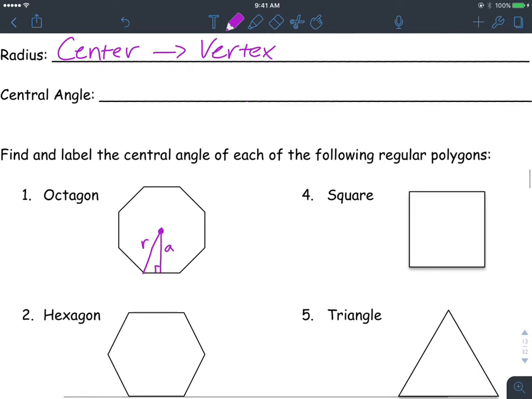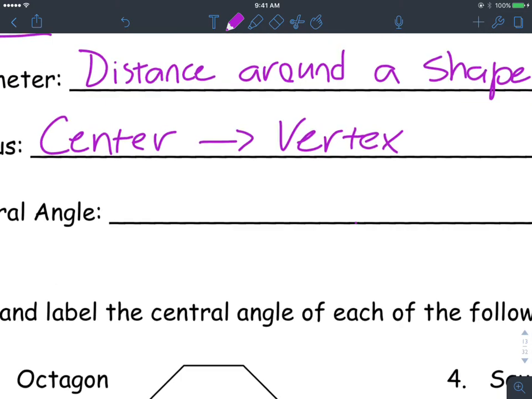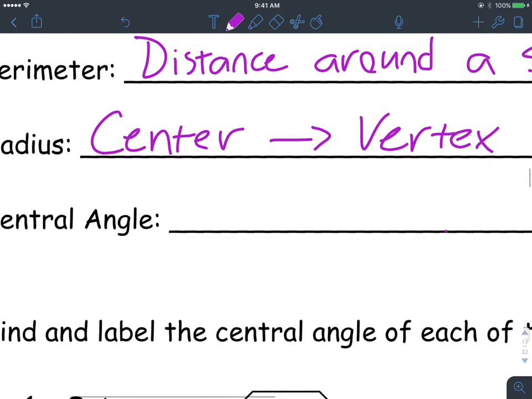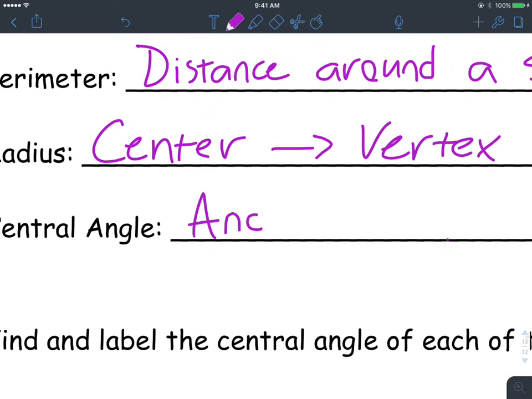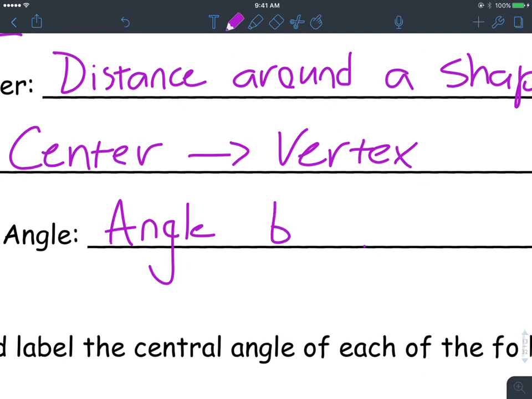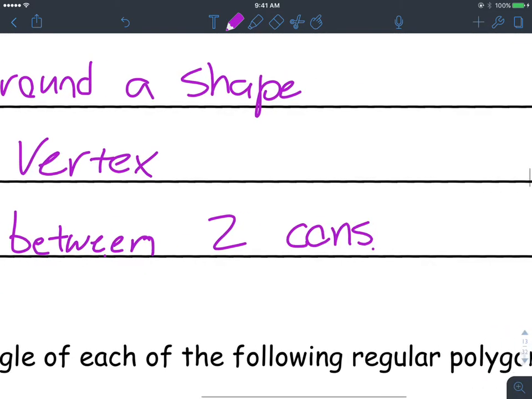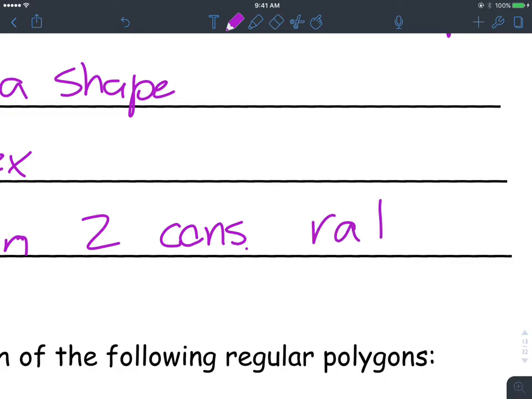Okay. One other thing is the central angle, and I'm going to draw this on another figure. If we wanted to be kind of formal, I would say it's the angle between two consecutive radii.